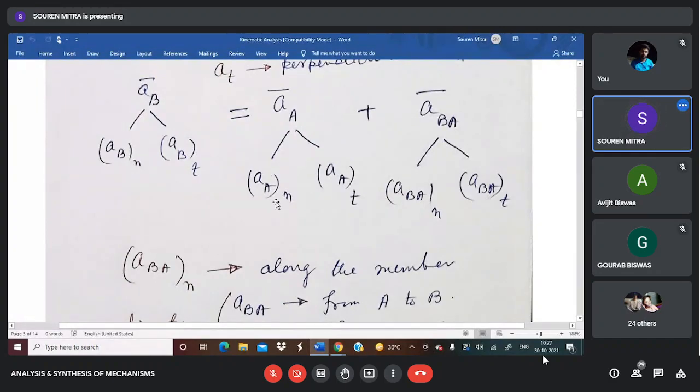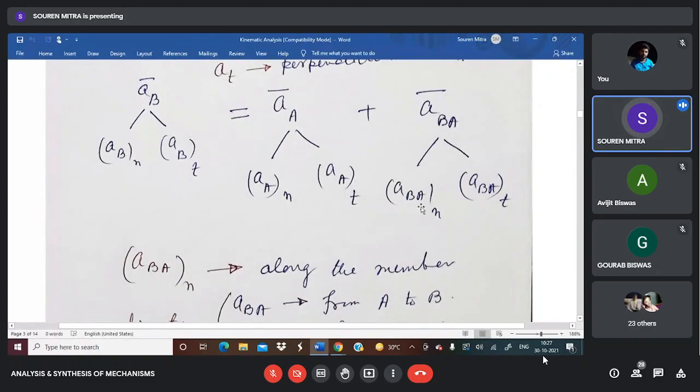Similarly for A. But in case of relative acceleration, what happens? If it is the relative acceleration of B with respect to A, then obviously the direction of this relative acceleration will be towards A.